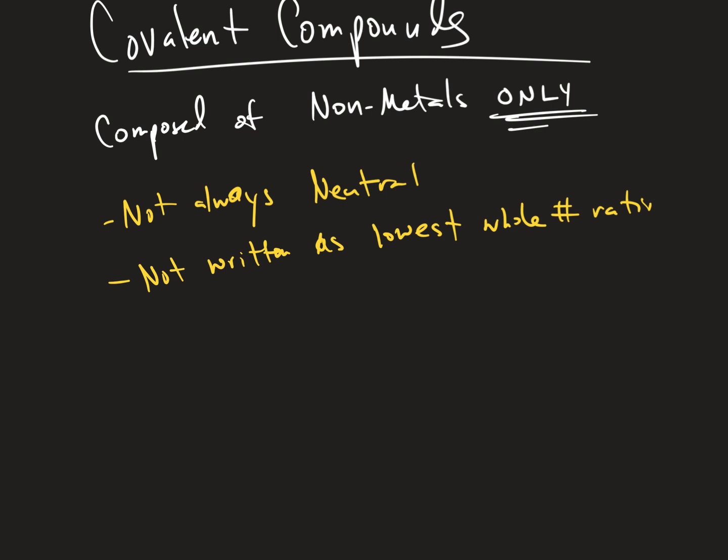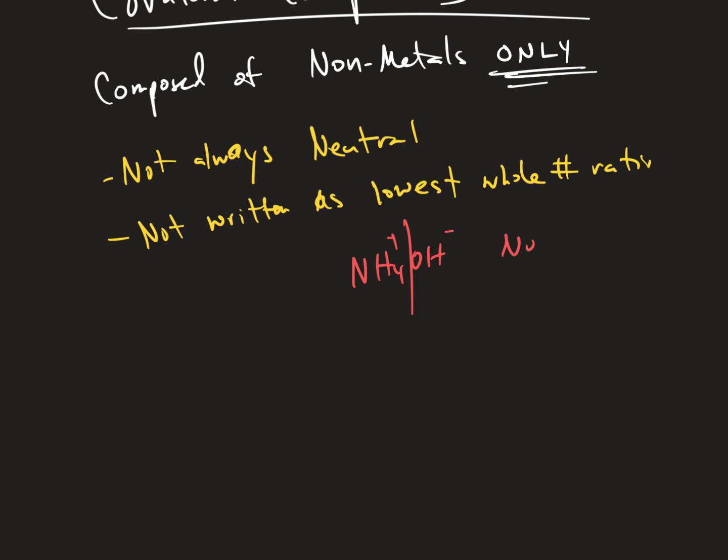For example, NH4OH. Is that ionic or covalent? There's no metals in it, but this is a cation, that's the anion. This is an ionic compound. How are you going to know those? If you get the polyatomic ions down, you'll know them. So, not covalent.